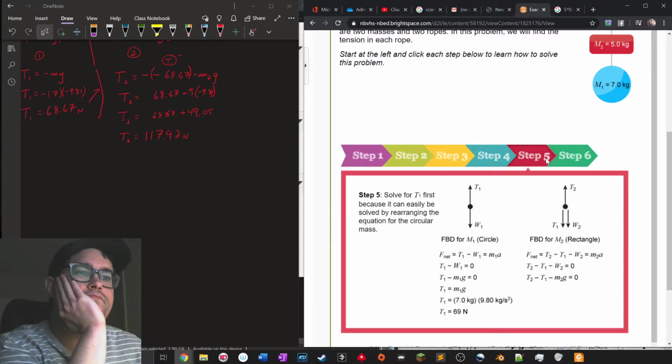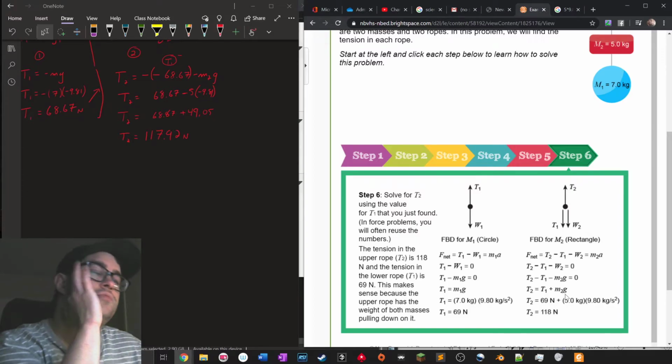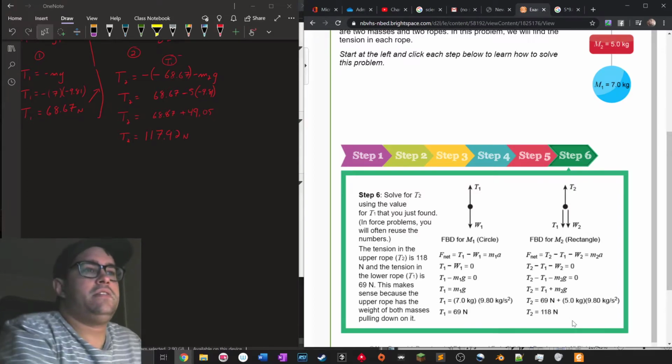Yep. So T1 is equal to mg1, and the minus here allows them to just have a positive T1. And then T2 is equal to T1 plus mg2, which is 118.